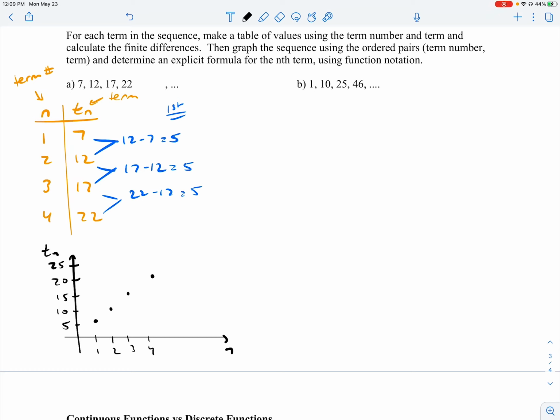Now it says to use function notation. So when I write out my explicit formula, instead of writing t of n, I'm going to write it as f of n because it's going to be a function. Okay, and I know there's a slope of 5, so it has to look something like 5n, a linear relationship.